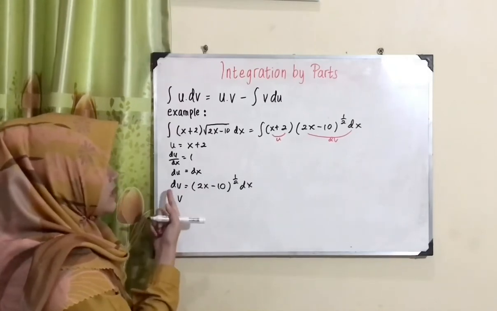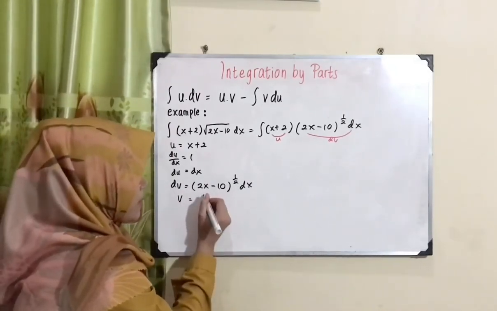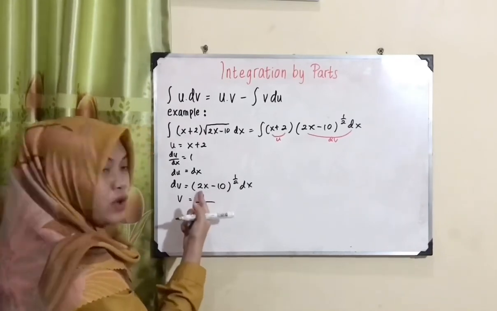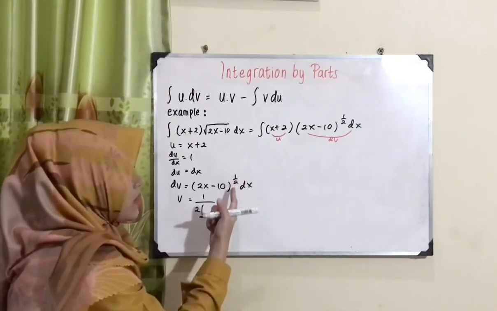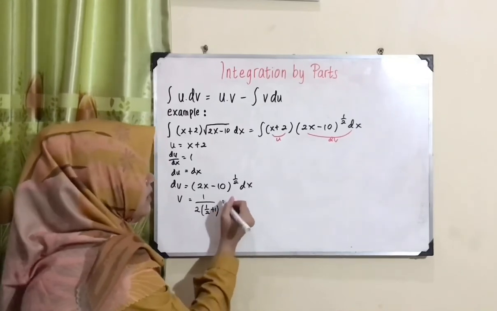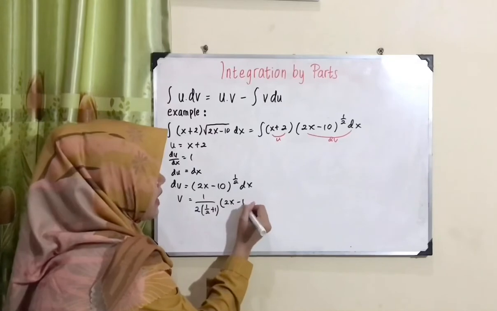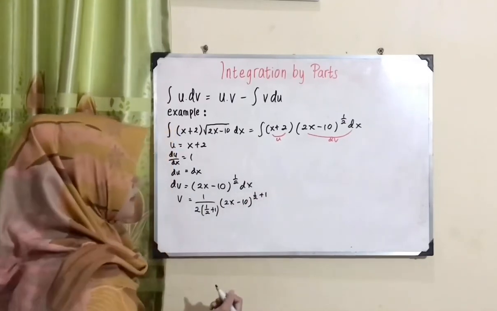Okay, the integral of dv is v, which is equal to 1 over 2 times, because this coefficient 2 we can write here, and then n is 1 over 2 plus 1 times (2x minus 10) to the power of 1 over 2 plus 1.